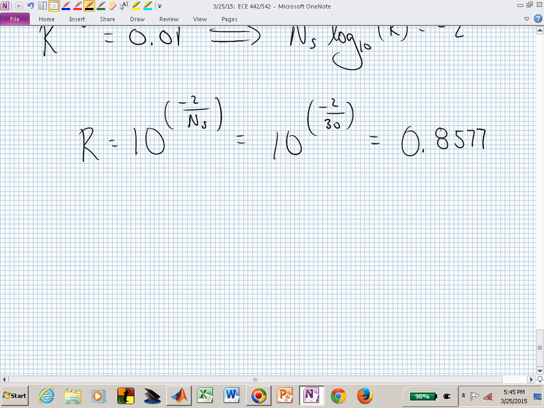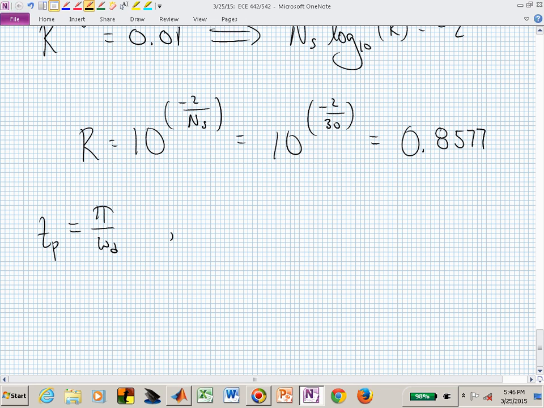Then we also know our peak time is pi over omega sub d. And what's the peak time associated with in terms of our picture on the z-plane? We've now found the radius from the settling time. What are we expecting from the peak time? A logarithmic spiral, an angle.